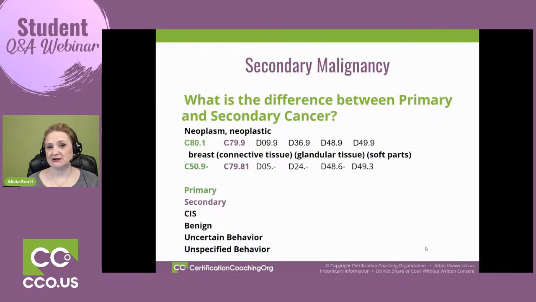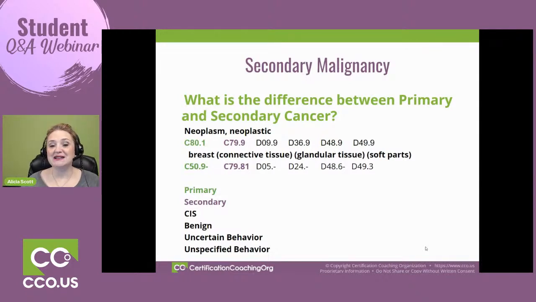Look at the difference between the gap of the numbers. So 50 is a much lower number than 79, right? It's because it's alphanumeric. And the listing of the codes goes primary, secondary, CIS, and benign, right? So again, pay attention to that.